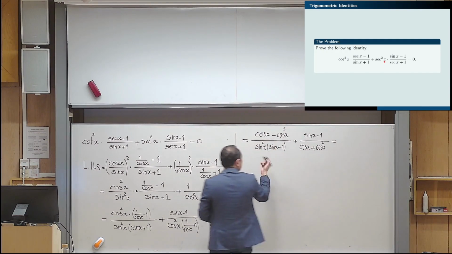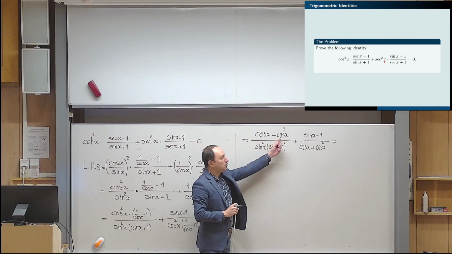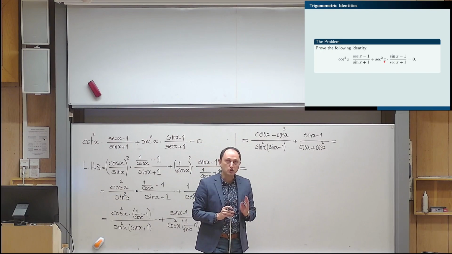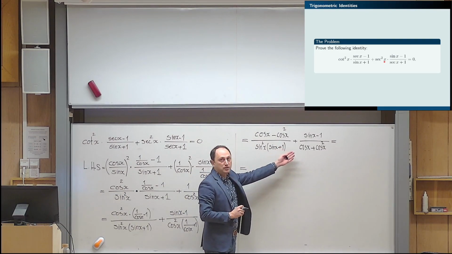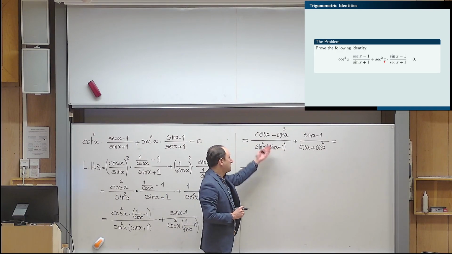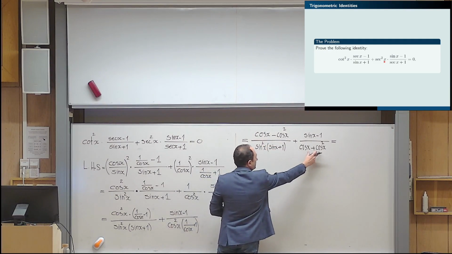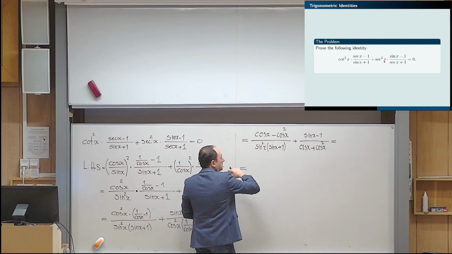Here, if you have a little bit of experience, you might see that it is also useful to take a cosine x out, even though this is not the usual way to do it. Because usually, when I want to add fractions, I just focus on factorizing the denominators. I will not actually factorize the numerators. But because I know that in the future this will be multiplied here, I can do that.